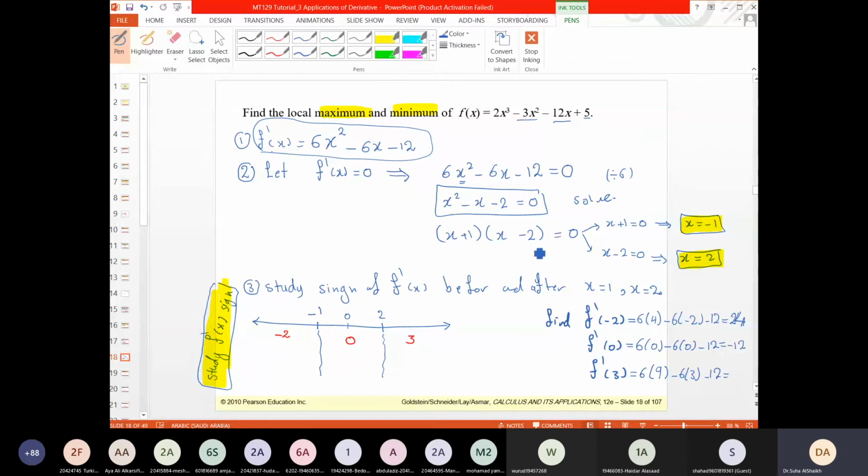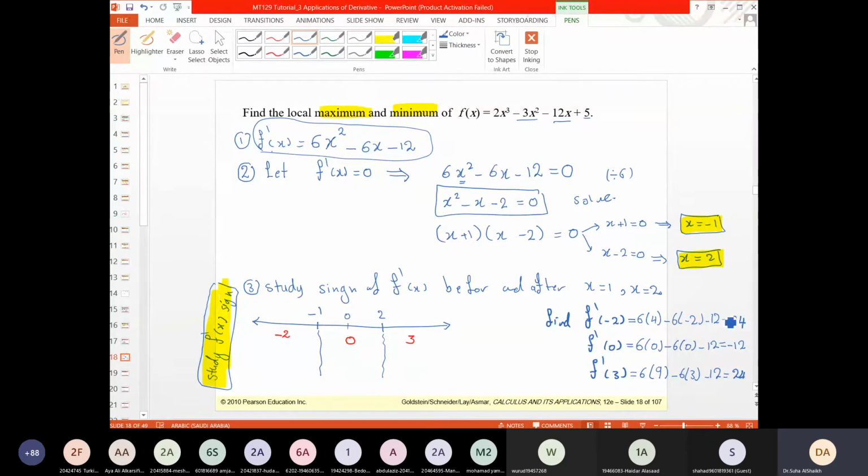What about this one here? This one is a 24. This one -24, you said? That can't be.